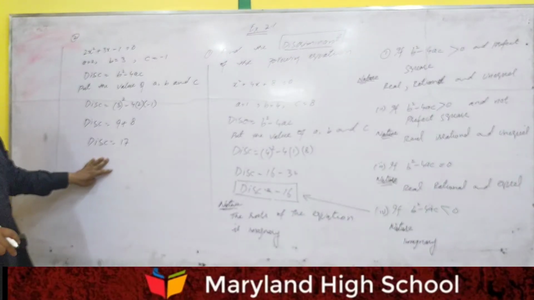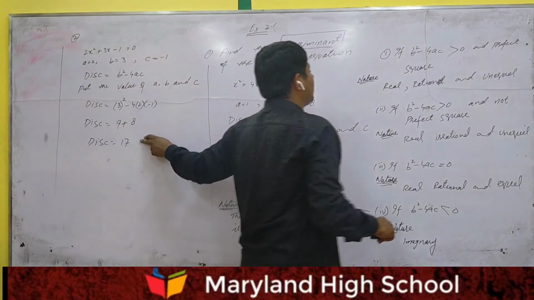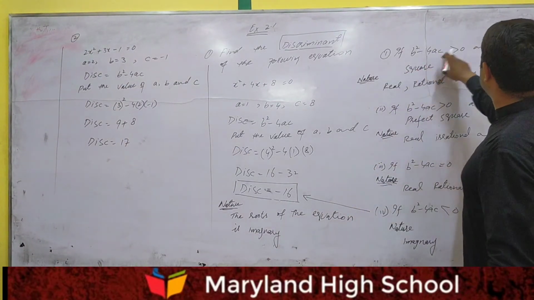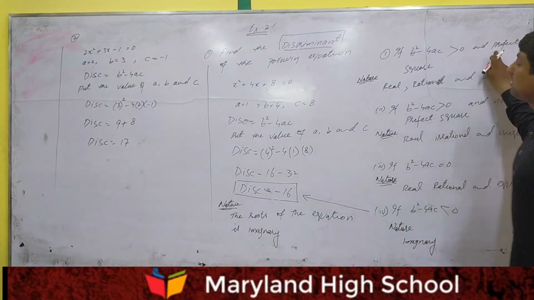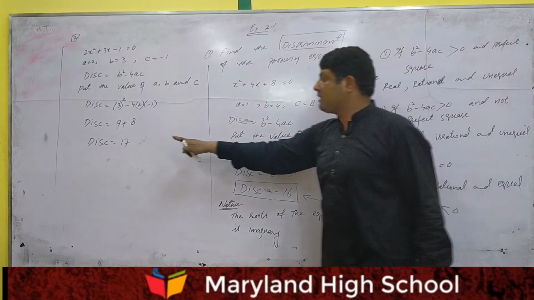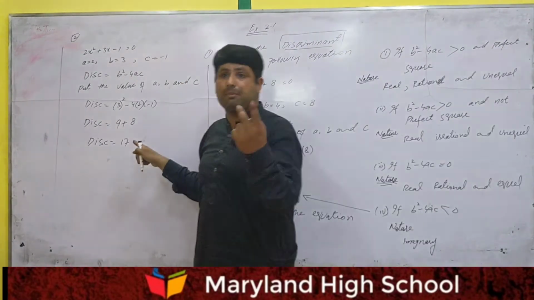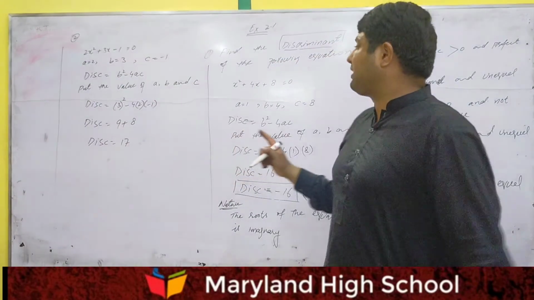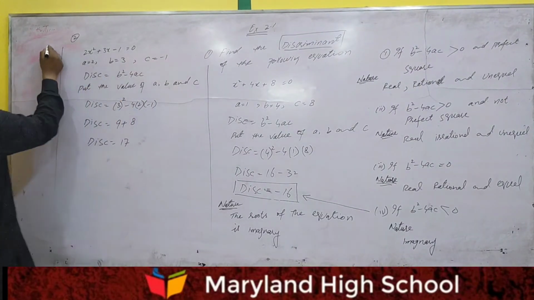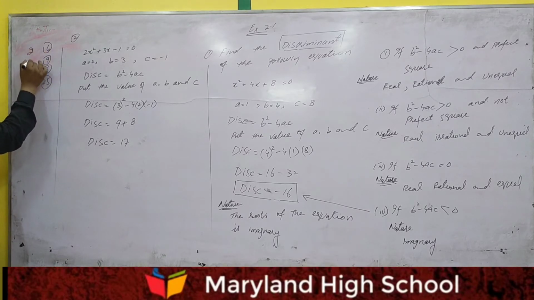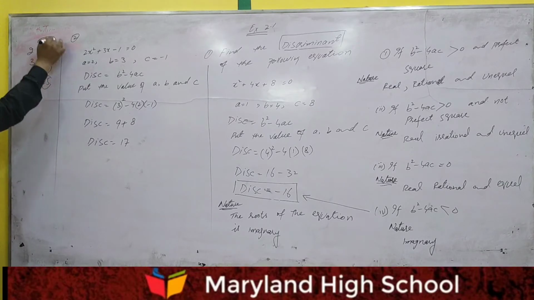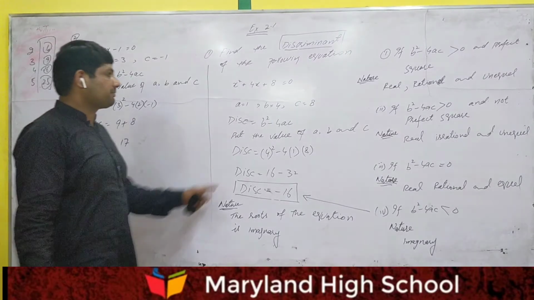Now find which rule is applicable on this equation. b square minus 4ac greater than 0. This term is greater than 0, but not a perfect square. 17 is not a perfect square of any number. The perfect squares are 4, 9, 16, 25. These numbers are the perfect squares of 2, 3, 4, 5, real numbers.